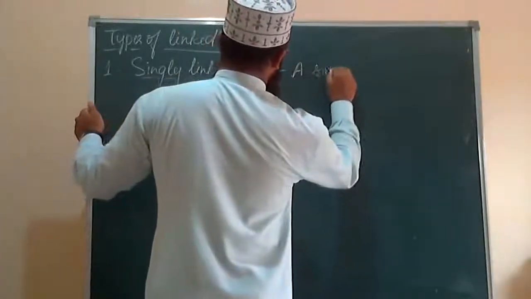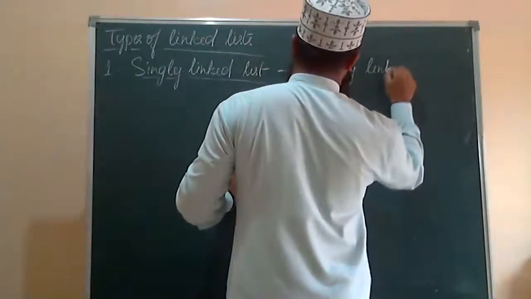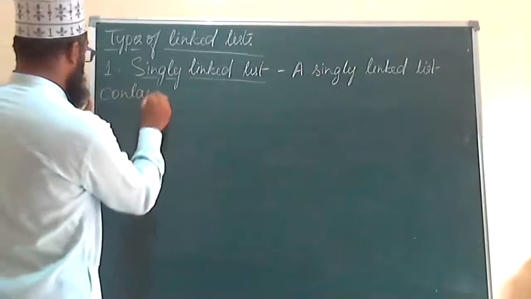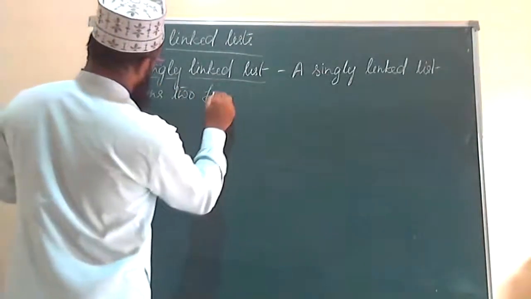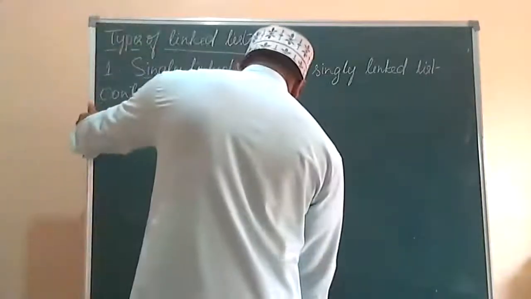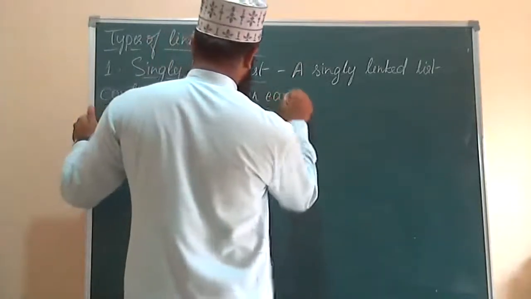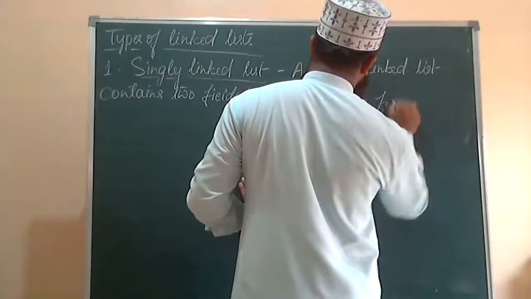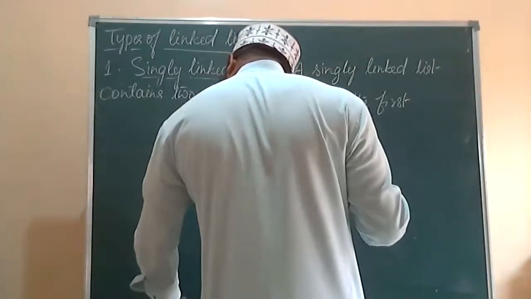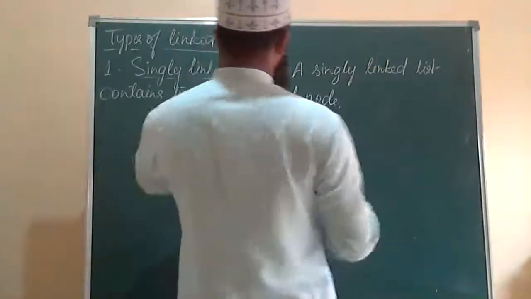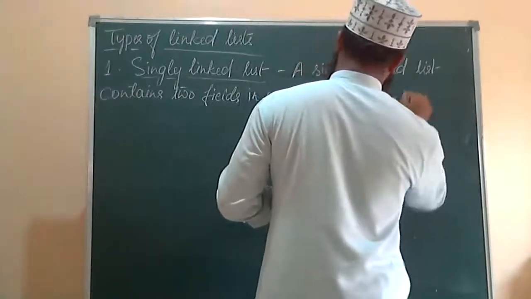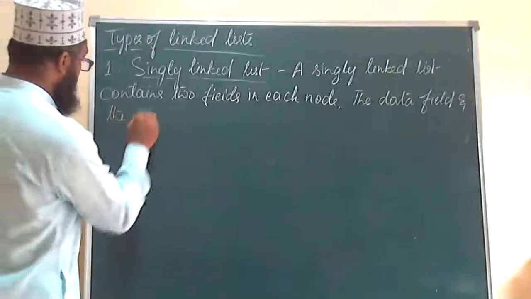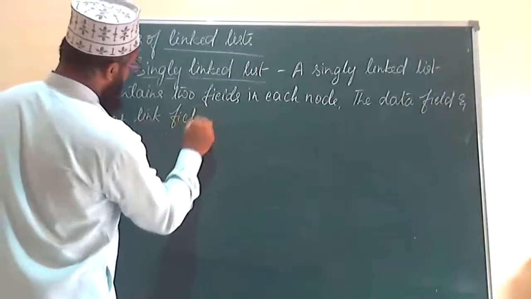A singly linked list contains two fields in each node, where the first field is the data field and the second is the link field.